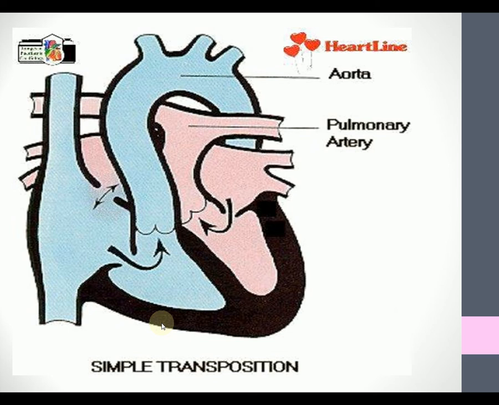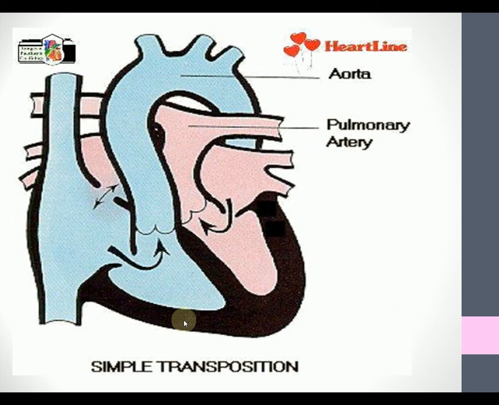These are the ones with the mixed defects. Even though tetralogy of Fallot has 4 defects, they are all decreased pulmonary blood flow. The other defects that we want to see are increased pulmonary blood flow defects. These are a mix that you just don't know what is happening, and they'll usually present the way we just talked about.